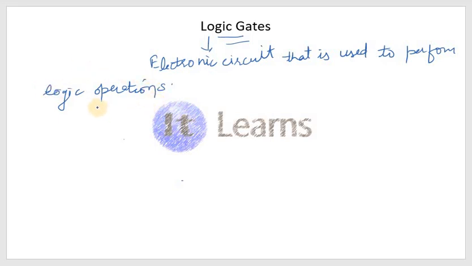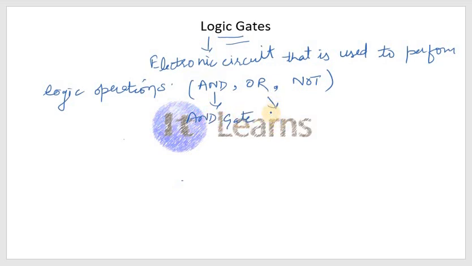Now, what is a logical operation? A logical operation is an AND operation, an OR operation, or you can say a NOT operation. These are three basic logical operations. So any circuit that performs an AND operation is an AND gate.